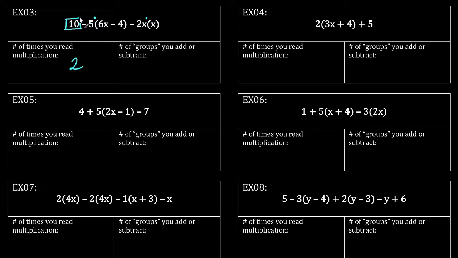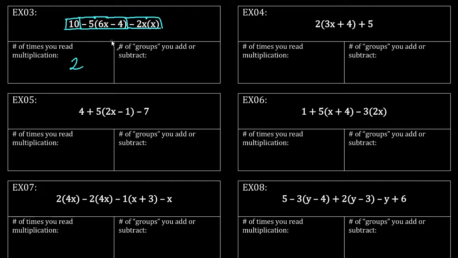And then we're going to take away 5 times 6x. Now, we're not stopping because this minus is part of this 6x minus 4. Minus 4, and then we subtract 2x times x.